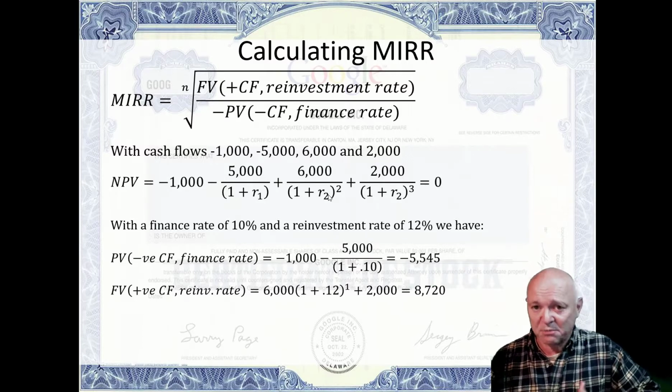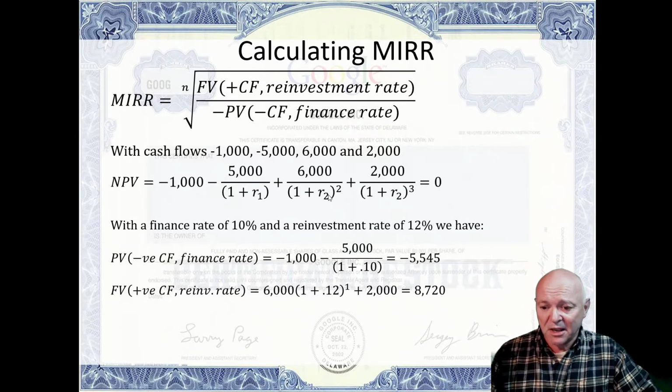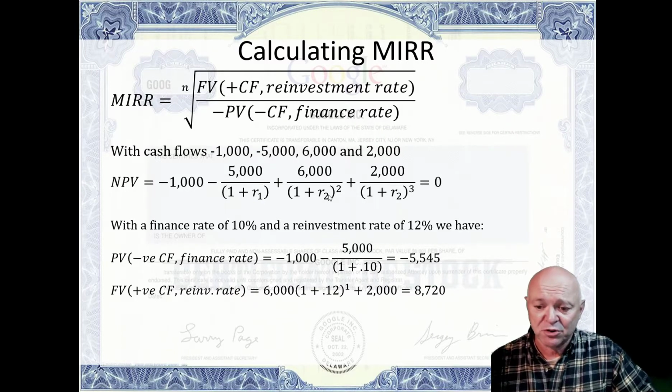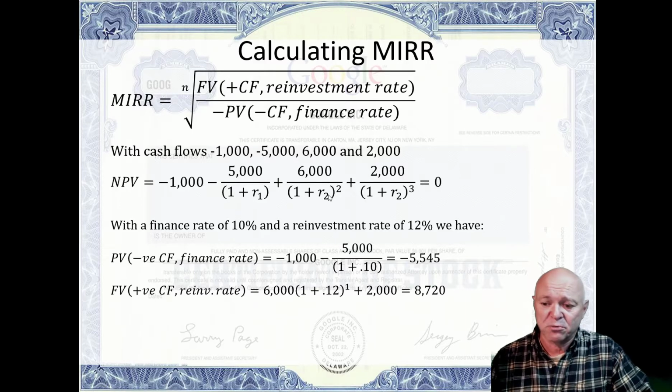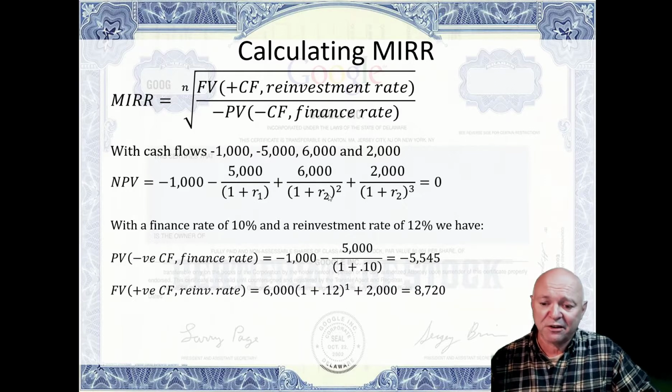So the 6 million can be reinvested at 12% back in our business or in an equally risky investment. And in the very last period, of course, that $2 million is going to be taken in the future, so we just take the straight $2 million. So 6 million times 1 plus the discount rate to the first power plus 2 million is going to give us a future value of 8720.